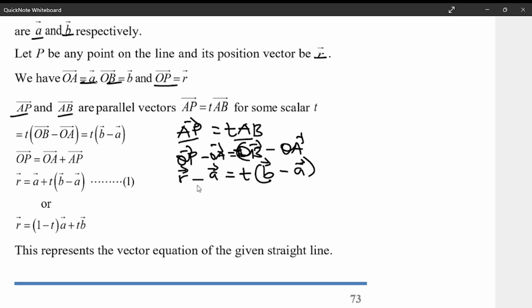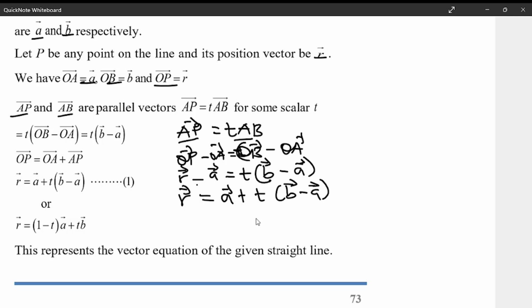So when we make rearrangements, we are going to have r equals a plus t times (b minus a). That is great.